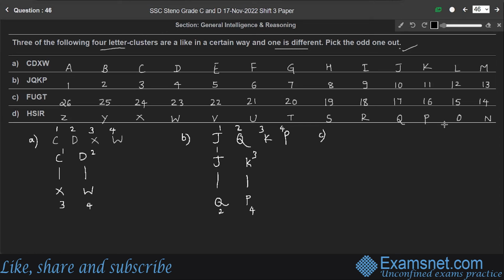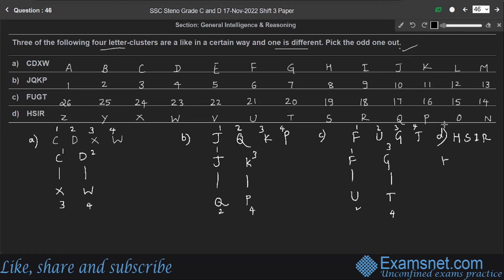So if you consider option C, FUGT, 1, 2, 3, 4. The first letter F is opposite to the second letter U, and the third letter G is opposite to the fourth letter T. So option C follows the same logic as option B. Lastly, we'll consider HSIR.